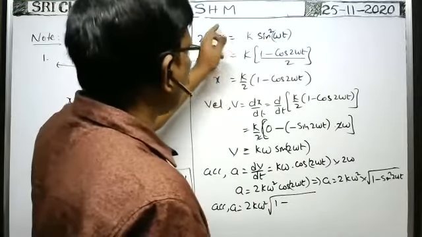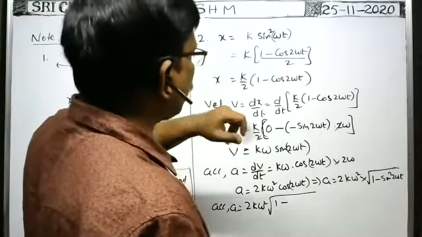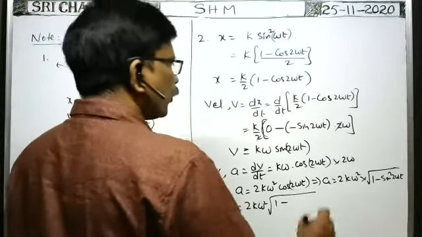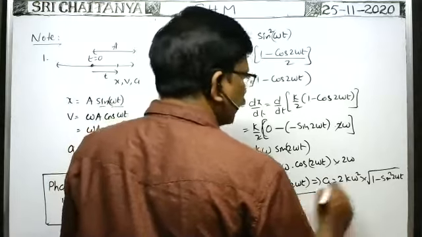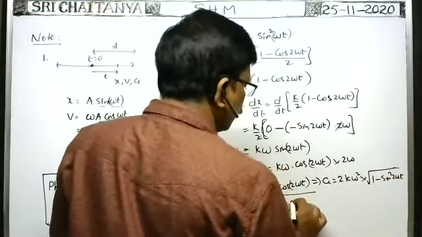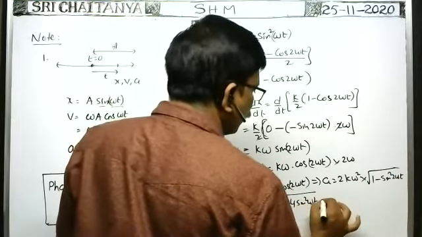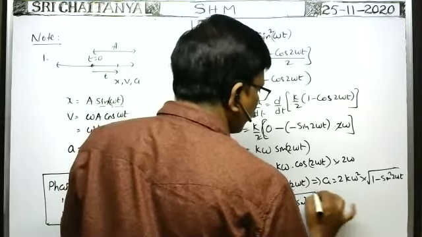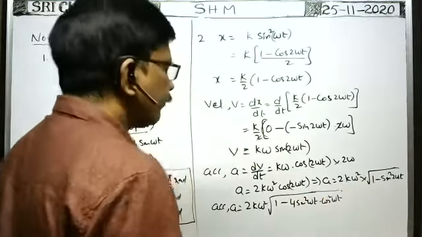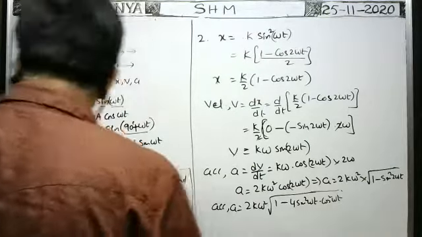Sine square 2 omega t, we can write 1 minus sine 2 omega t as 2 sine omega t cos omega t, squared. So 4 sine square omega t into cos square omega t. Like this. Definitely you won't get a proportional to x.